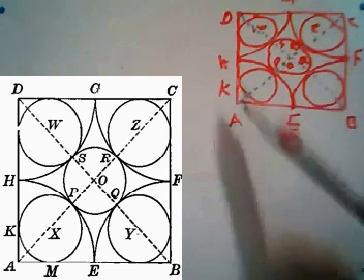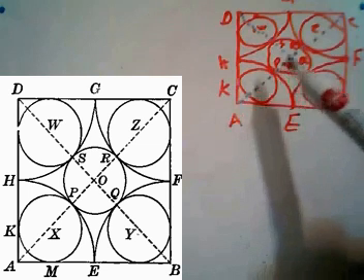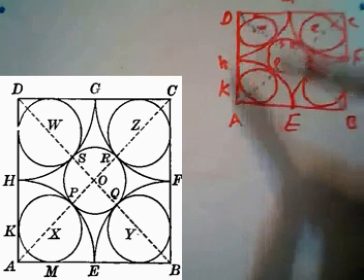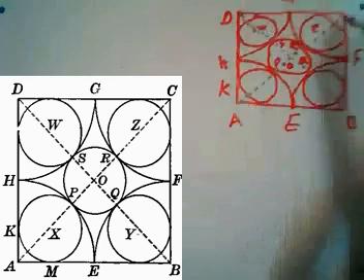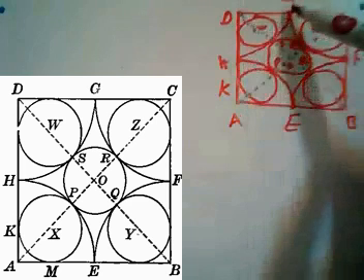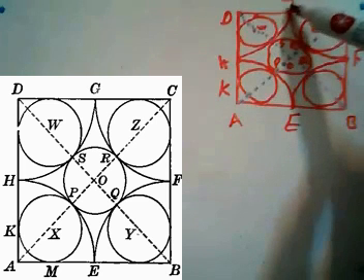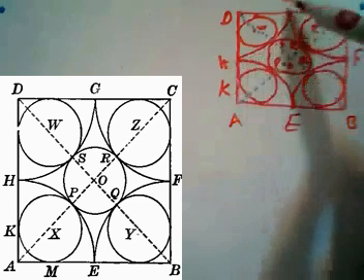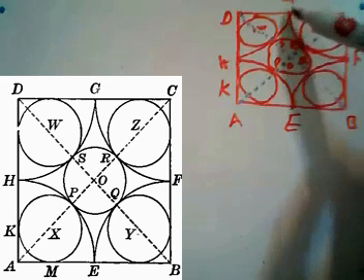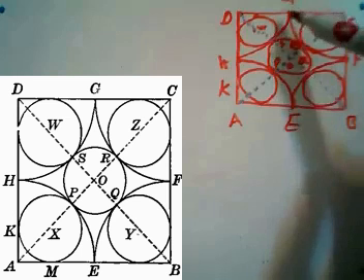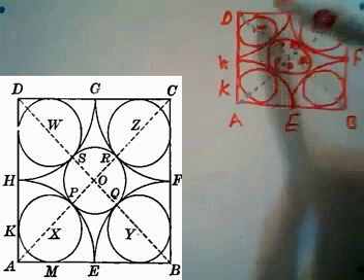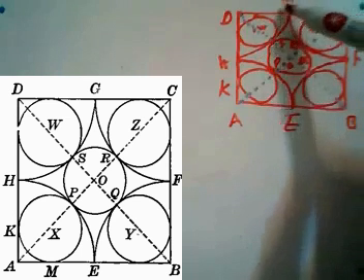First off, this is a square, and on the centers D, C, A, and B, we draw a quarter of a circle whose radius is DG.